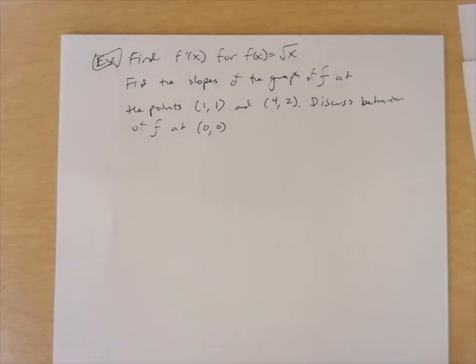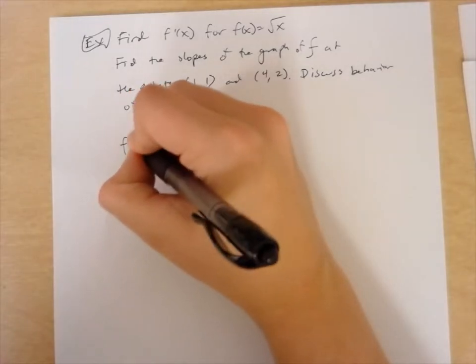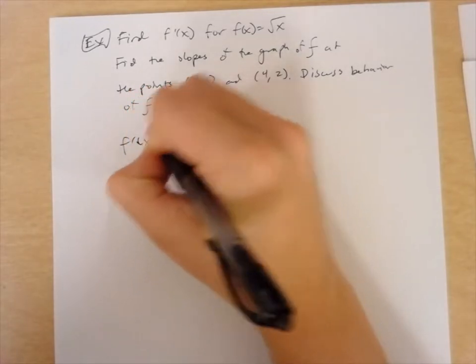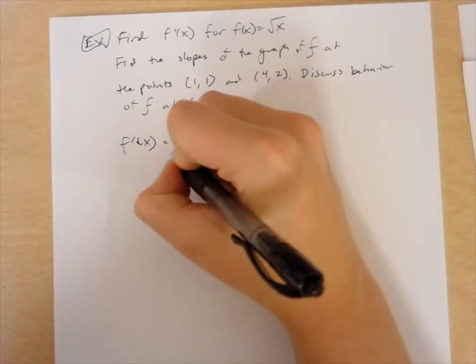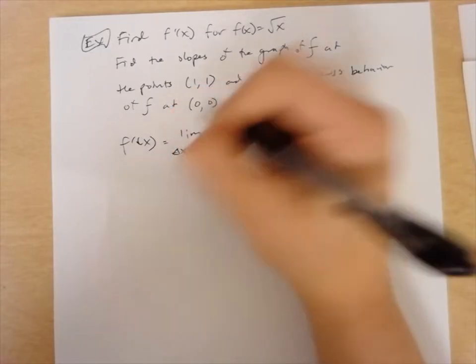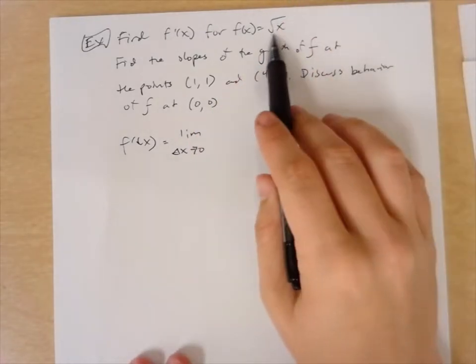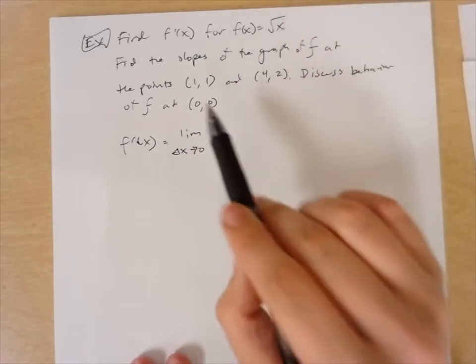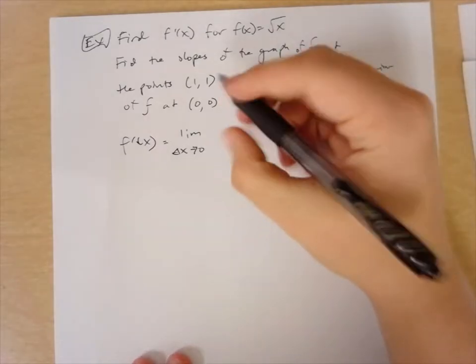we're going to use that derivative to find the slope at 2 points. So we're going to begin by saying f prime of x equals the limit as the change of x approaches 0 of our function filled in. So remember, for every x that we saw, we're going to instead use x plus change of x for the first one.